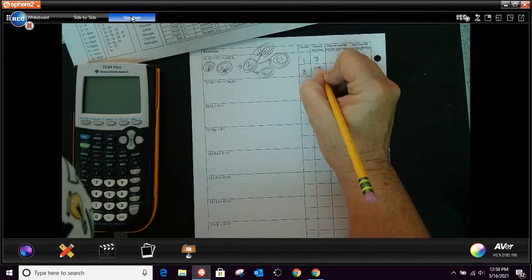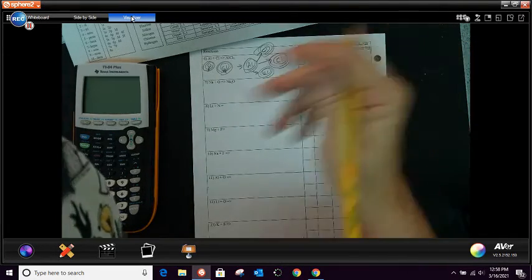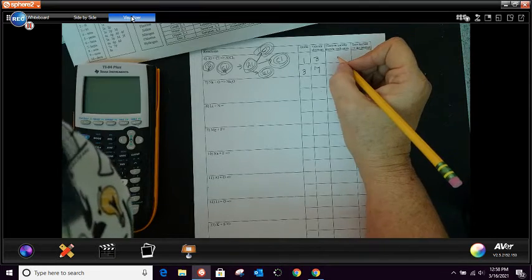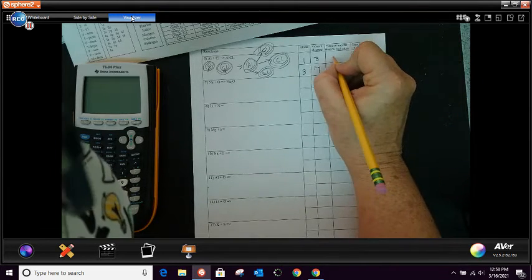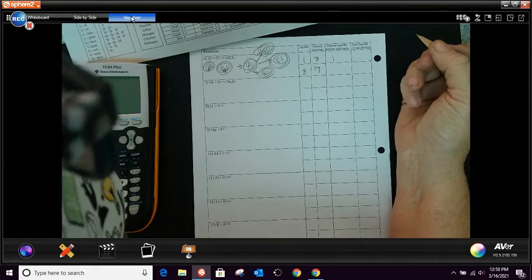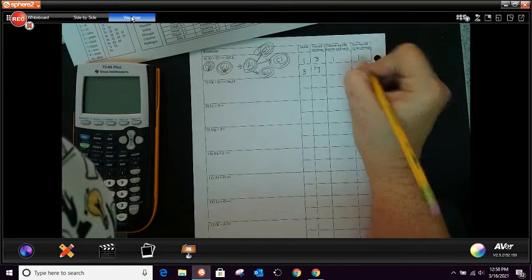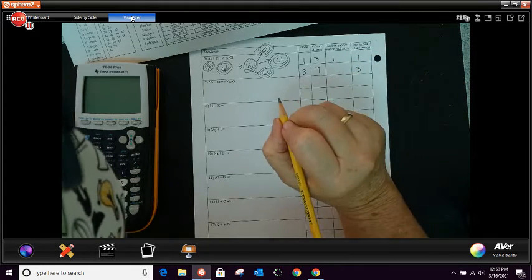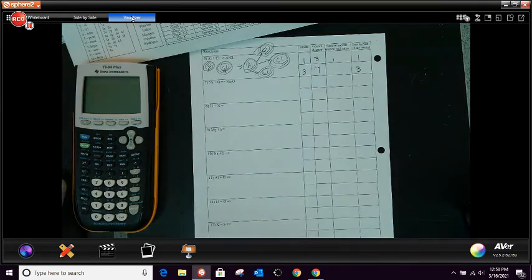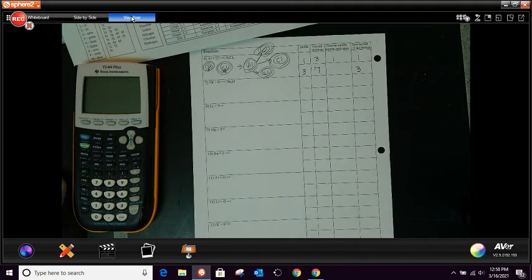Valence electrons are 7 for chlorine. Electrons transferred to each atom. We're going to have 1 electron to each atom. Ions formed: there's 1 aluminum and 3 chlorine. So far, is this making sense?